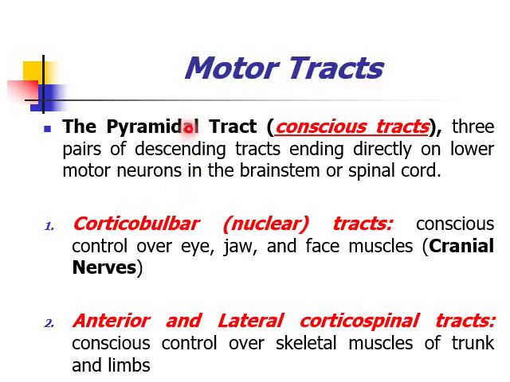This pyramidal tract is formed by cells that end upon the lower motor neuron cells in the brainstem and spinal cord. So it's actually an upper motor neuron cell. The corticobulbar tract or corticonuclear tract, and the corticospinal tract.